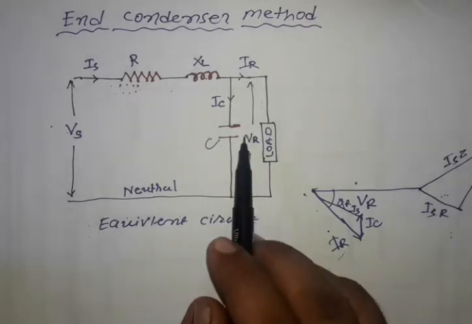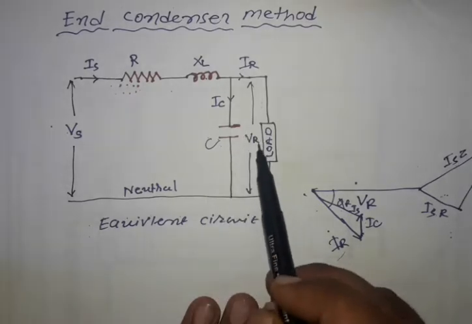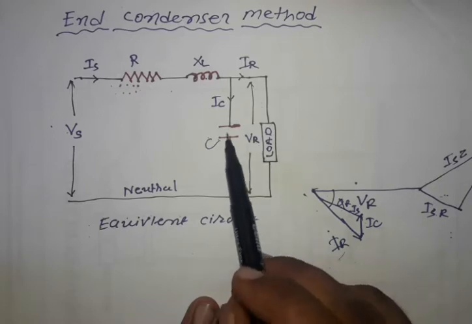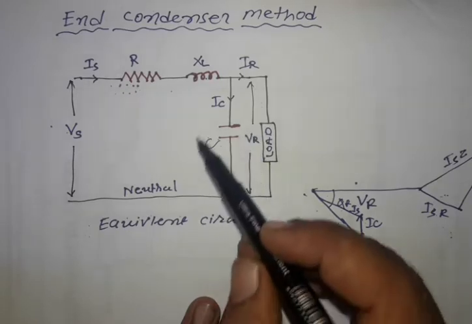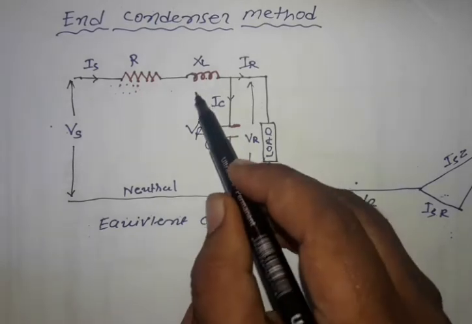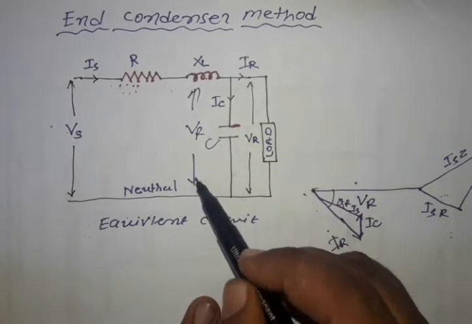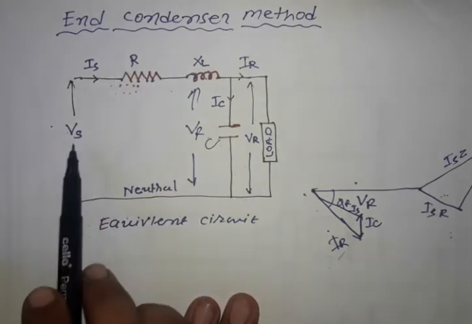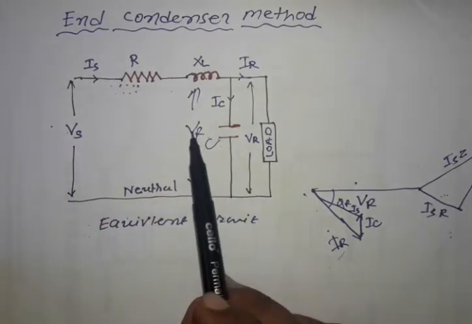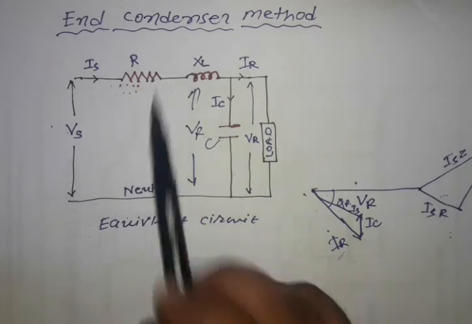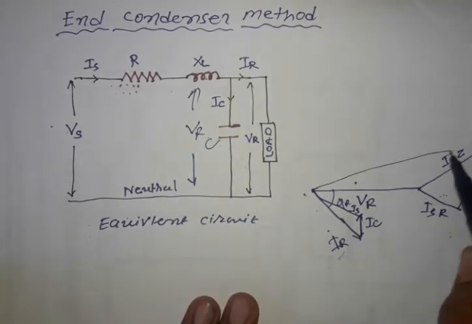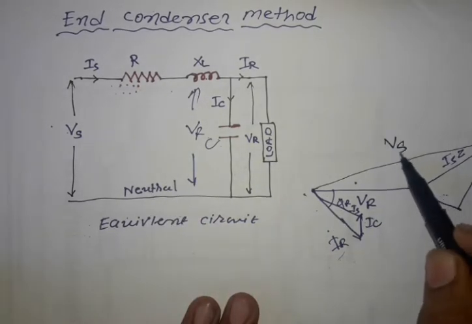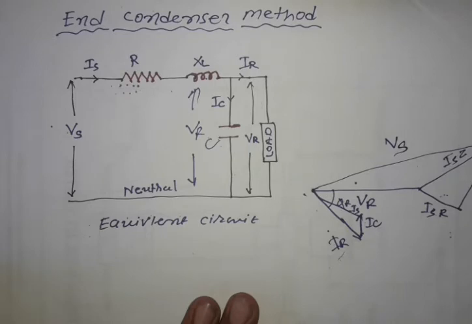Now voltage VR, the receiving end voltage, is parallel to the capacitor, so the capacitor also has VR voltage. So VR plus the drop is equal to Vs. The resultant of VR and the drop is Vs, so here we find the sending end voltage.